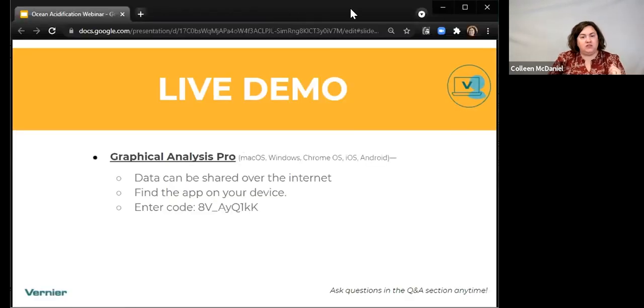And so to do this, what you need to do is activate Graphical Analysis Pro. On your device that you have Graphical Analysis on, there should be a notification at the bottom of it saying that Pro is not activated.